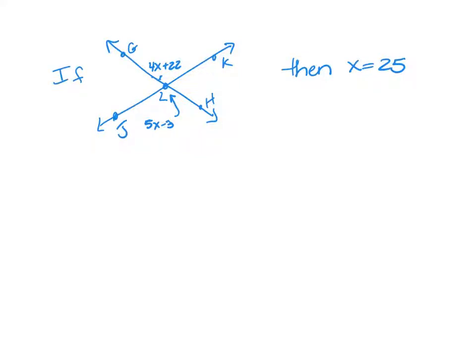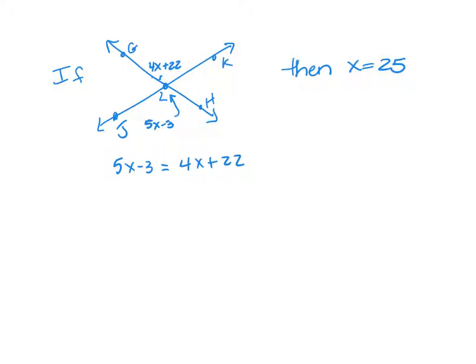So I know that those two angles are vertical angles, and because they're vertical angles, 5x minus 3 equals 4x plus 22. And now I'm going to subtract 4x from both sides.